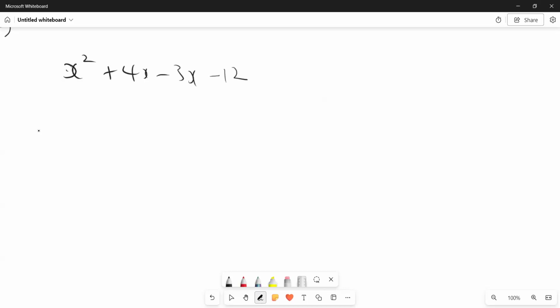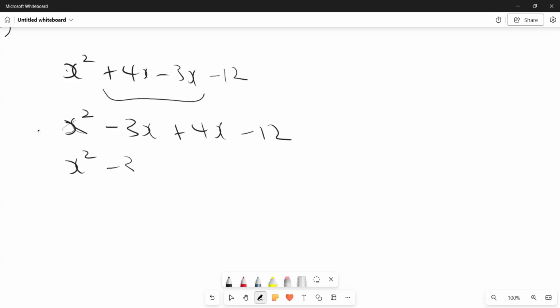And if this is going to be a problem, write it the other way around: x squared minus 3x plus 4x minus 12. And then group them up together, so you're not putting too many minuses together.